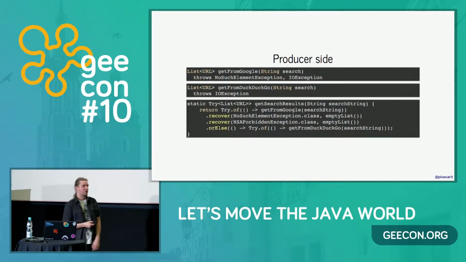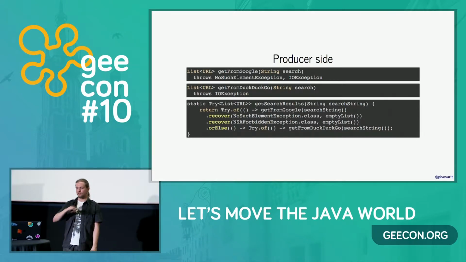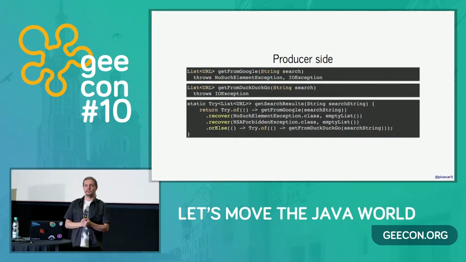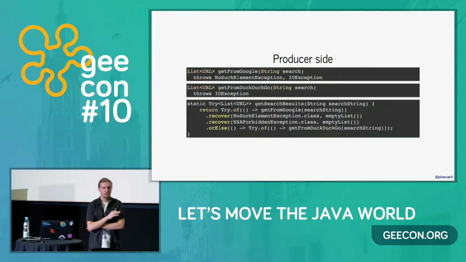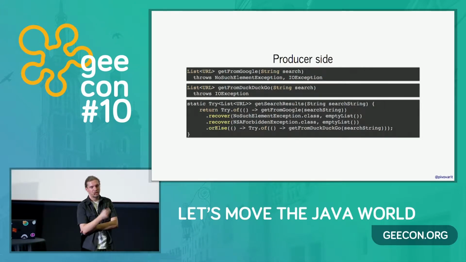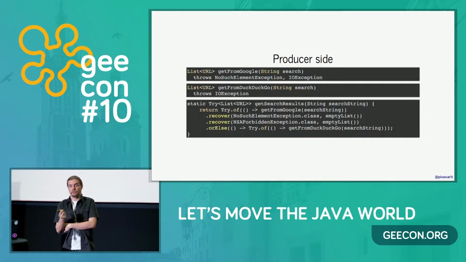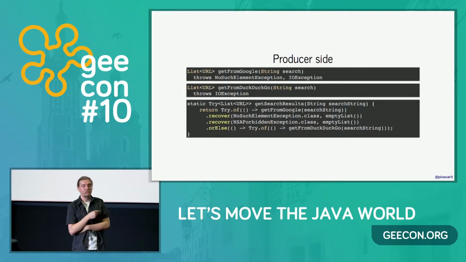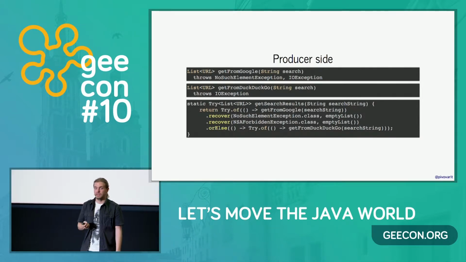At first look, it might look quite scary, but let's go over it line by line. What we are doing initially, in the first line, is creating a Try object, initializing it with a function that returns results from get from Google. But since the method is not very convenient to use because it throws different types of exceptions, we need to handle that somehow.